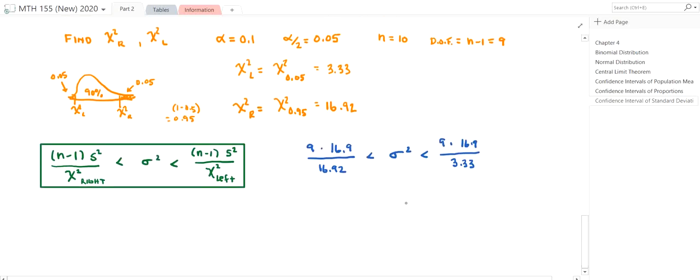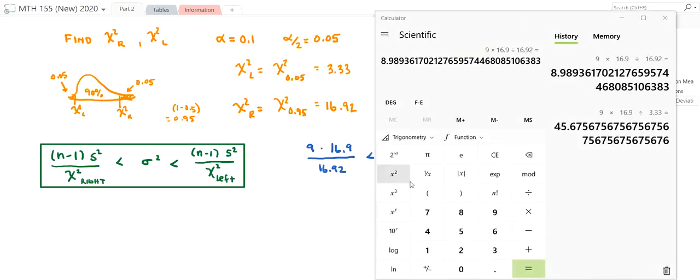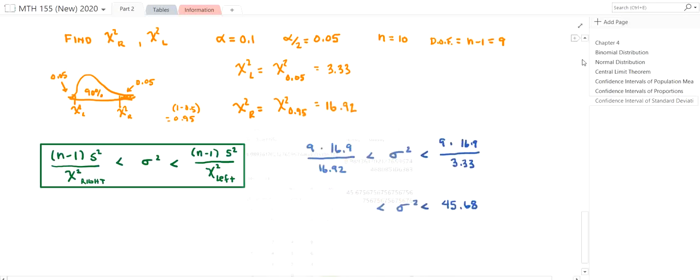Okay, so then if I do the math here, I'm going to pause and do the math. Okay, I'm pausing here. You can see I've typed this into my scientific calculator here on the computer for the left side, and I get 8.98. Let's just call that 8.99. I did the calculation on the right side.